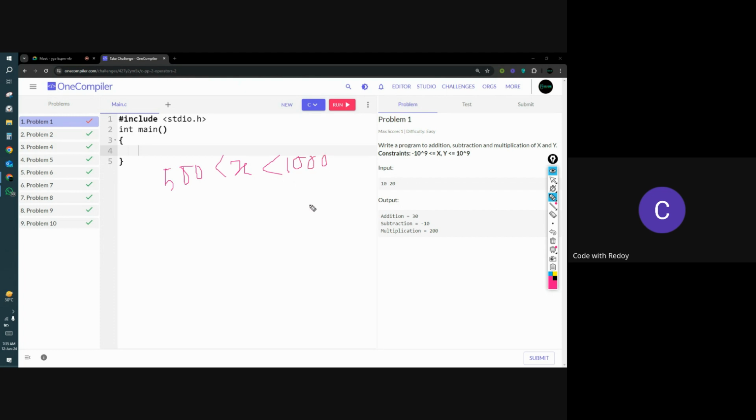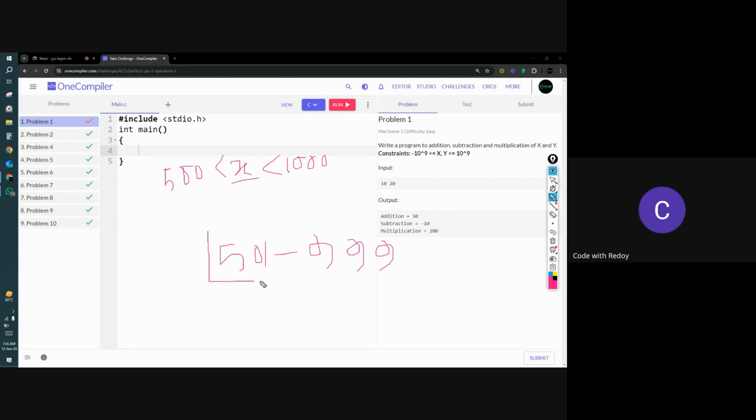That means the value of x you are going to take from your friend must be said, the value of x can be 501, 502, and so on up to 999. He can say the value of x can be 501 to 999.